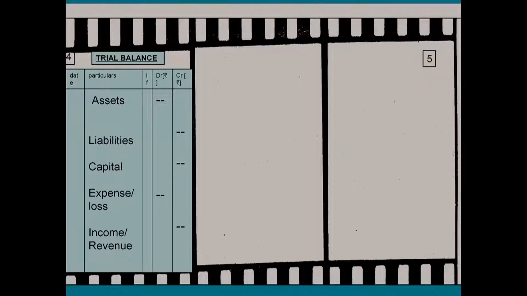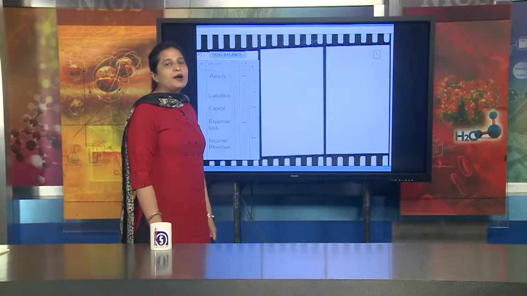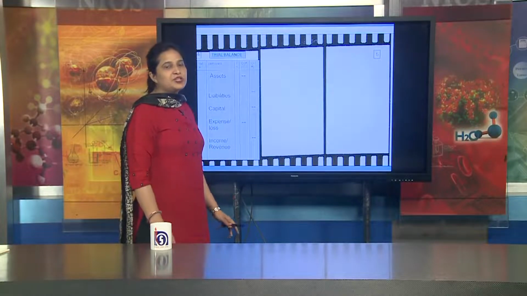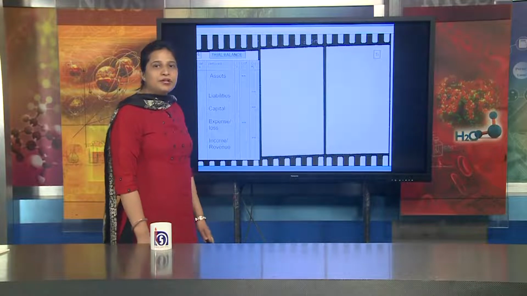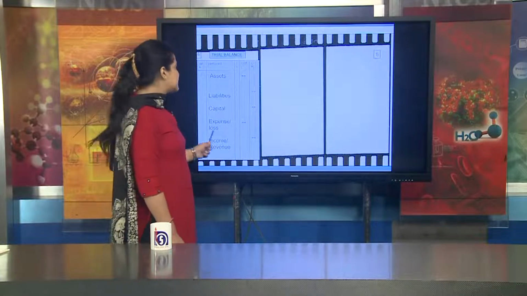For this, first we prepare the trial balance, and if you see the trial balance, we have already talked in the initial classes about these 5 heads on the basis of which we do the accounting, or we can say that our accounting rests majorly on the accounting treatment that we do with these 5 heads.